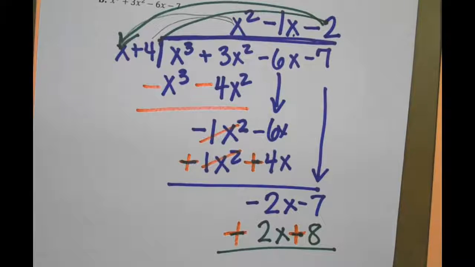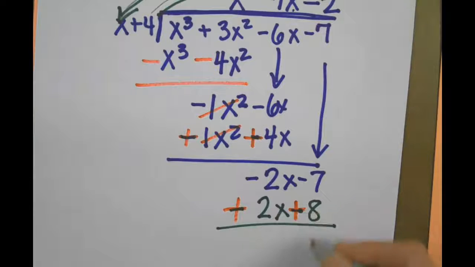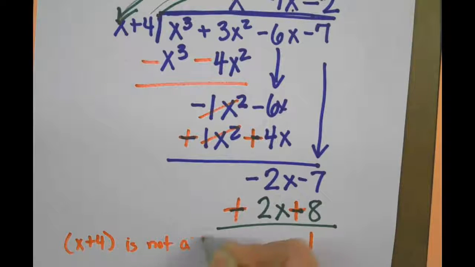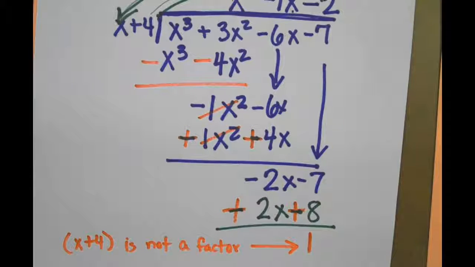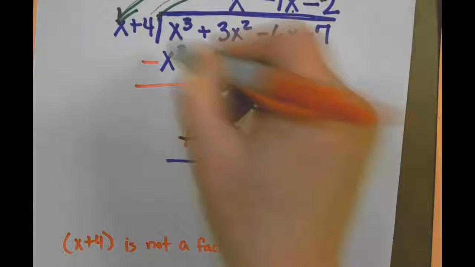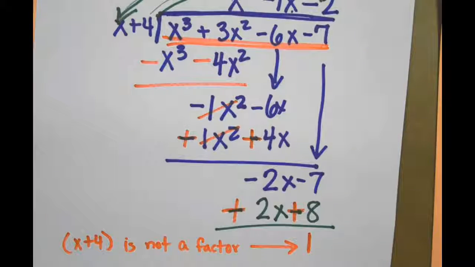The 2's cancel. Negative 7 plus 8 has a remainder of 1. If the remainder is not 0, then x plus 4 is not a factor of the original equation. X plus 4 is not a factor of this polynomial.